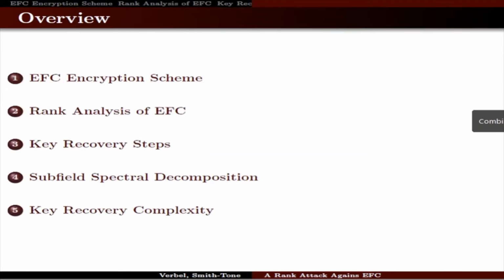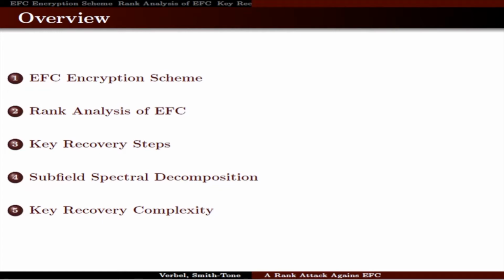I'm going to start this talk by describing very quickly what extension field cancellation is, and then what the rank property is that allows us to perform a key recovery attack, and then I'm going to show you the key steps in that key recovery attack.